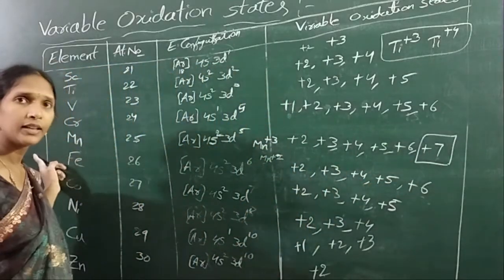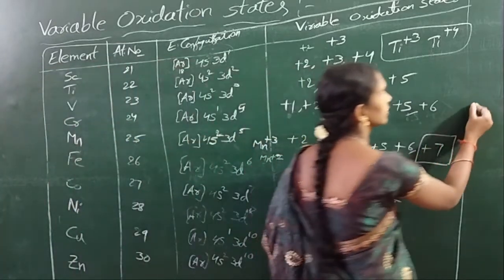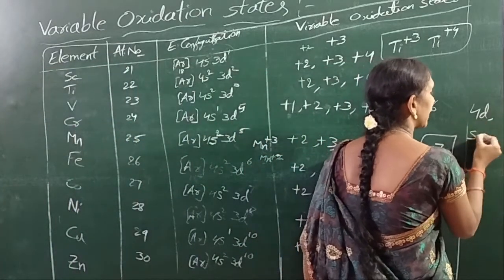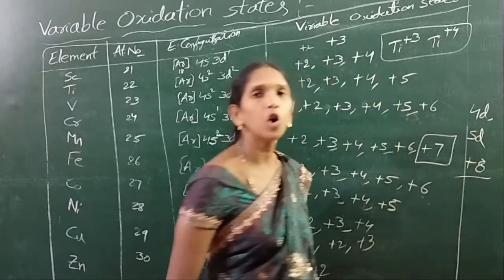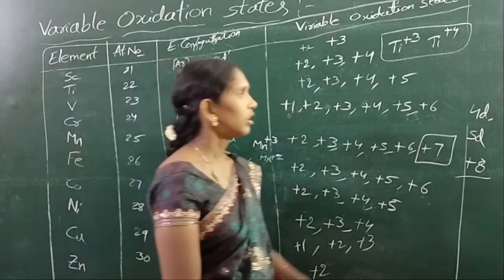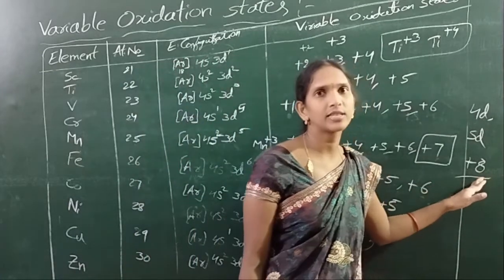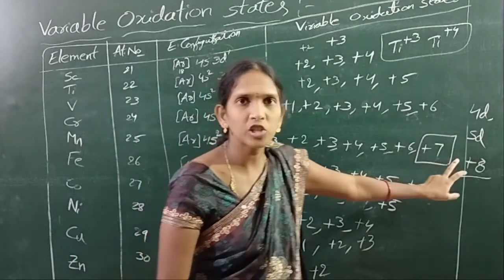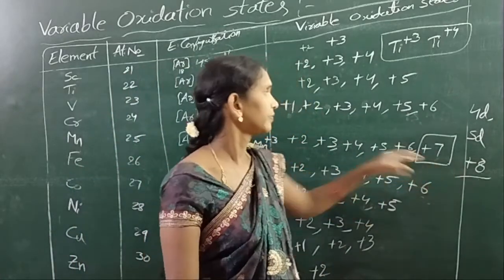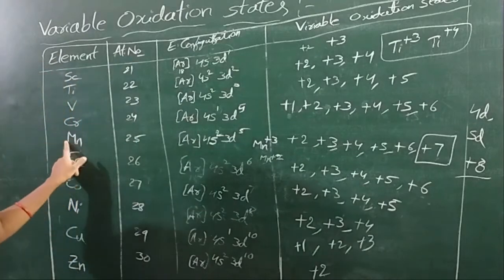Okay, but in 4D and 5D series, +8 oxidation state is the highest oxidation state. Okay, in 3D series, the maximum oxidation state is +7 in manganese.